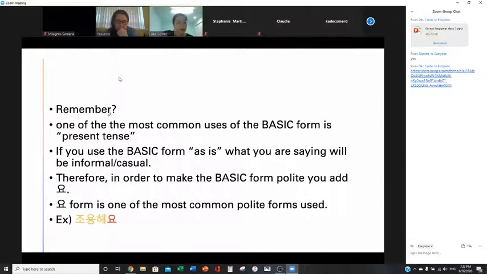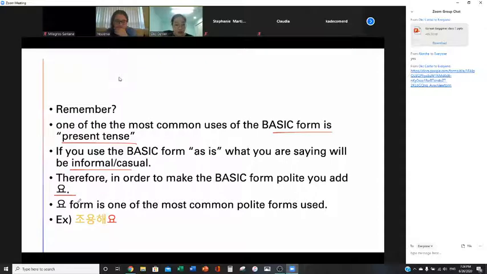Okay, so remember in the last class, we said that the basic forms tend to be present tense, and that whenever you make it the basic form, it is more likely informal and casual. When you say that to your friends, you can use that. But to make it polite, you will add 요.